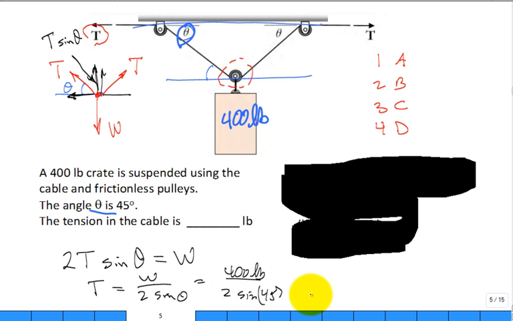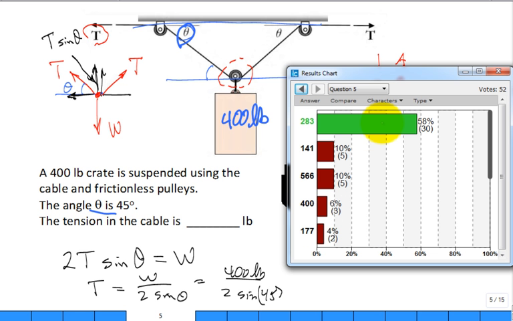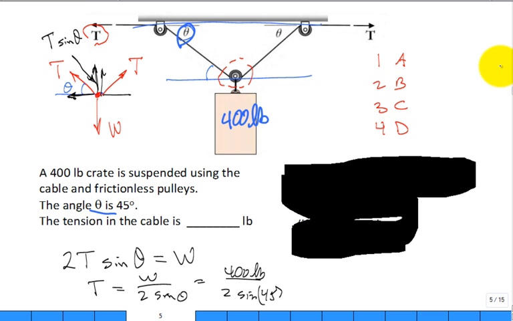And what does that come out to be? 283. What do you think 566 is? Ready for a next question?